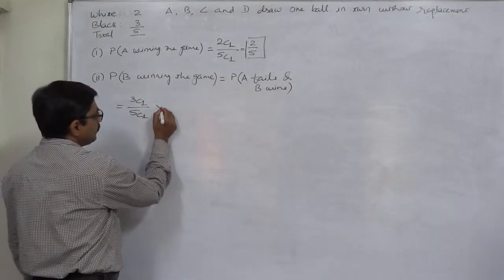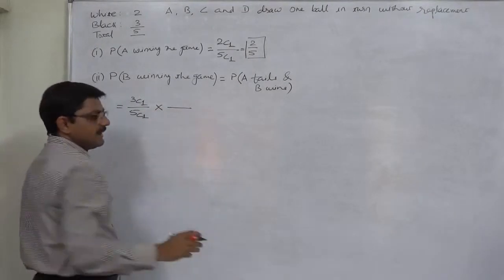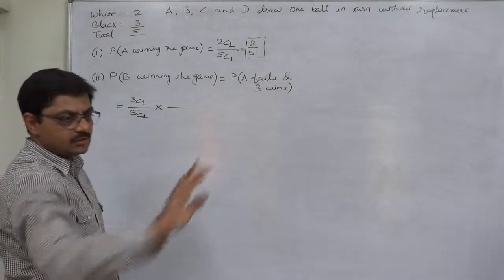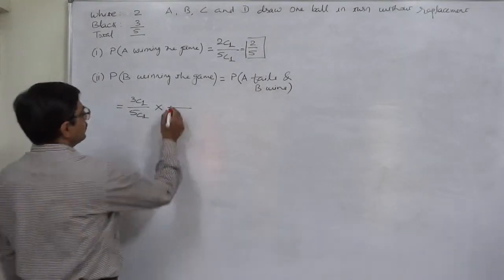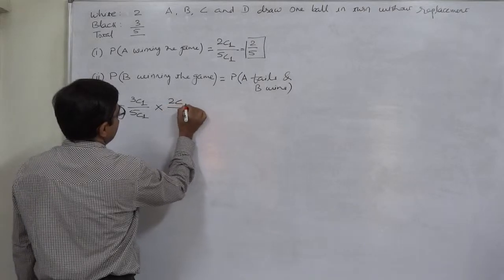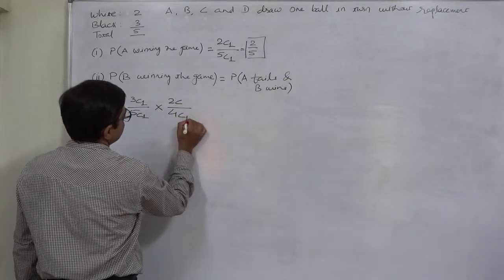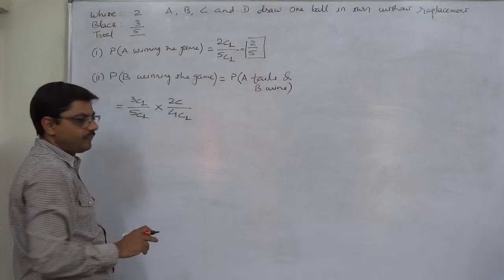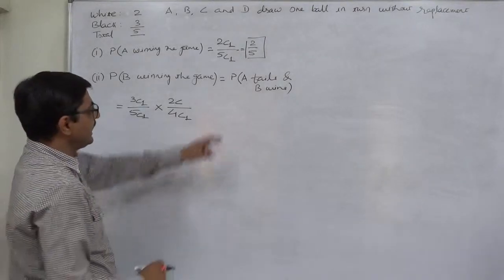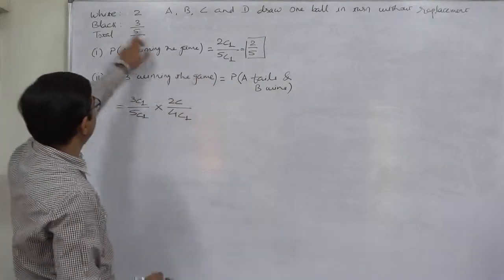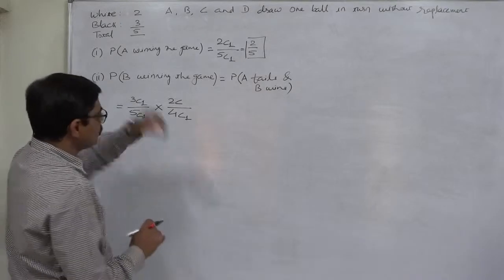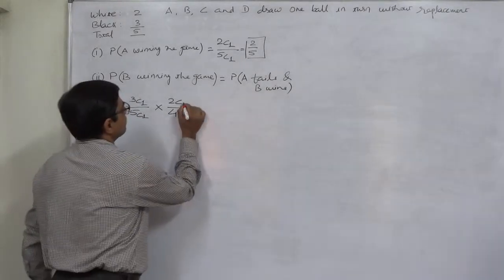But now it is B's turn. A has taken his ball, he is not going to replace it. So now at the time of B's turn there are 4 balls, so the total number of cases will be 4C1. But we know that A has not drawn a white ball, so both white balls are there.